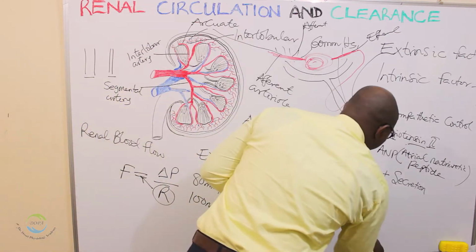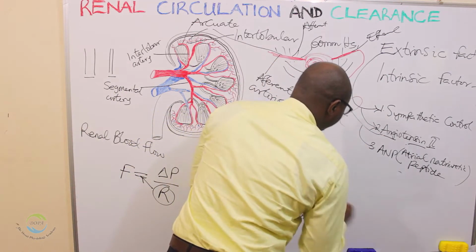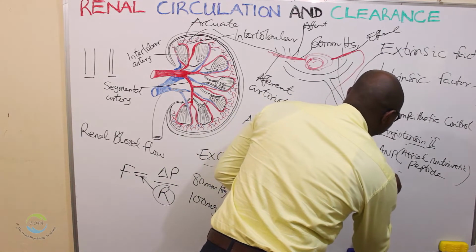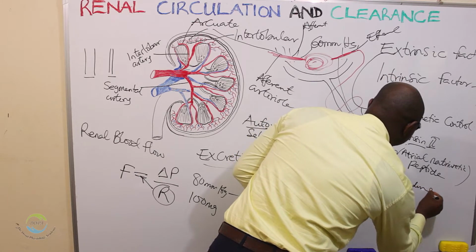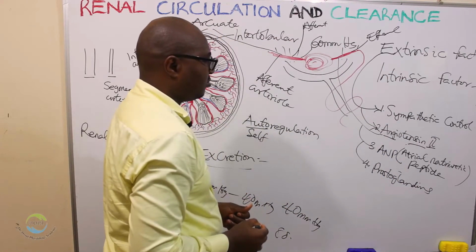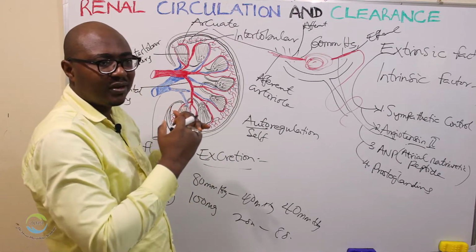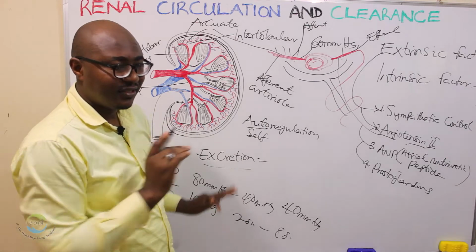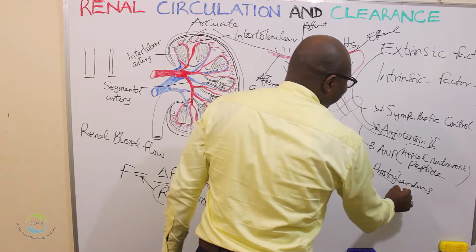So we have another one, the fourth one, prostaglandins. Have you heard of prostaglandins before? They are substances produced from arachidonic acids. You'll learn that more in biochemistry, this is physiology.